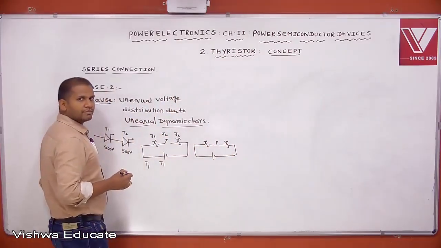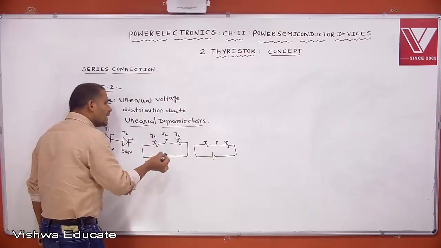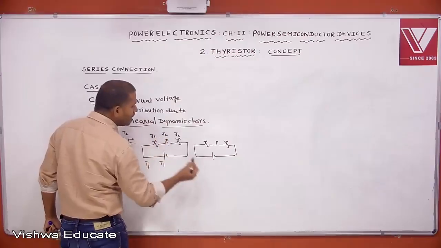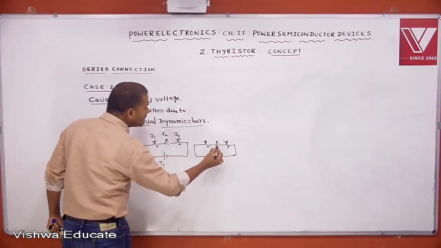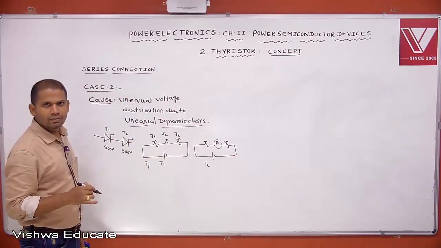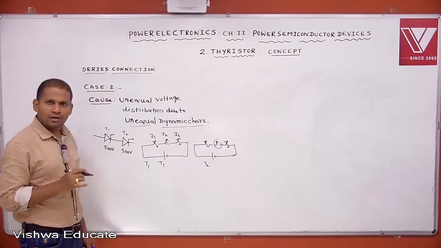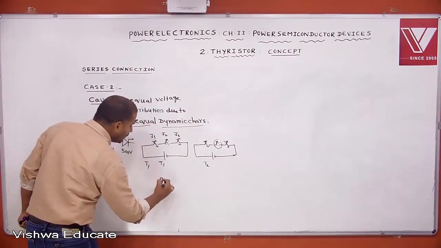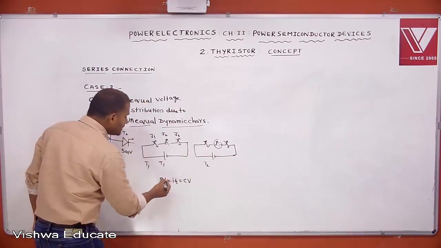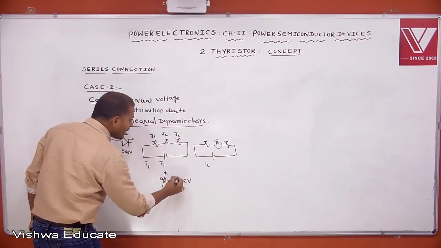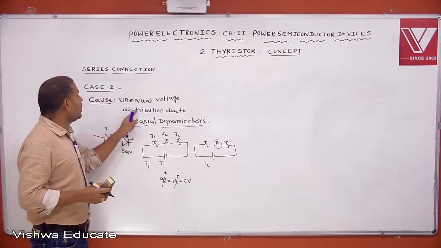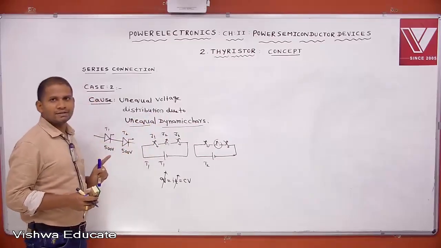Both are the same rating, but the charge distribution at the J2 junction in T1 SCR and in T2 SCR may not be equal. Whenever charge distribution is unequal at the junctions, we know that Q equals IT, equals CV. If the charge distribution changes, the time also changes. It may be the turn on or turn off time. That's right: unequal voltage distribution due to unequal dynamic characteristics.